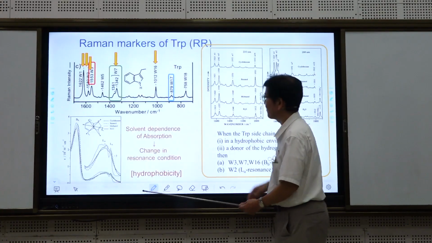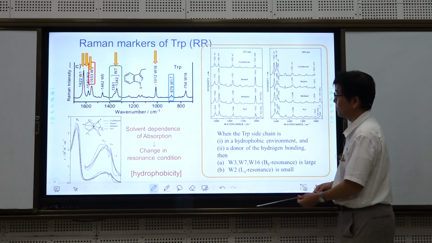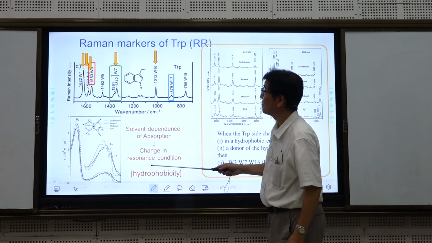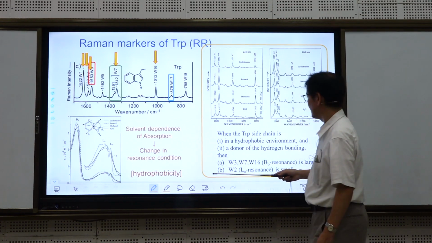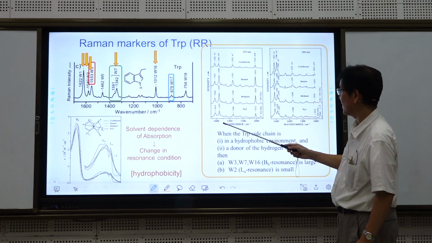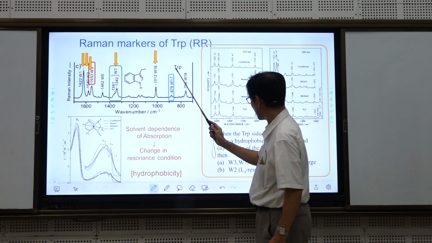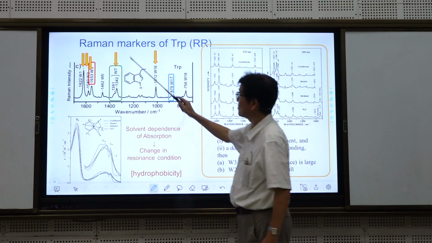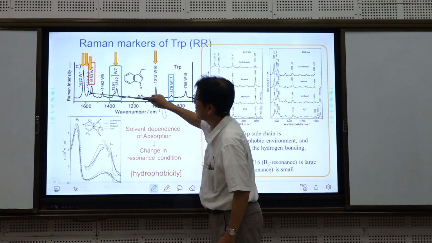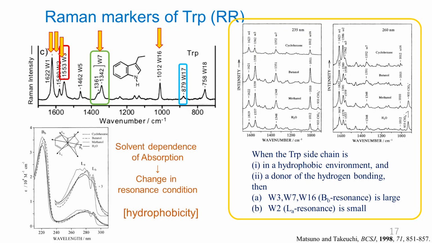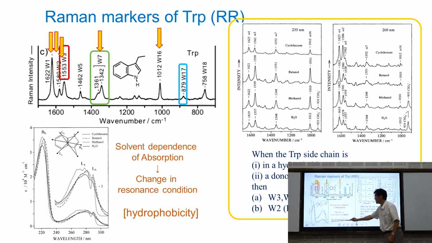And it is known that W2, W3, W7, W16 are related to hydrophobicity change, or sensitive to the change in the environment, hydrophobicity.